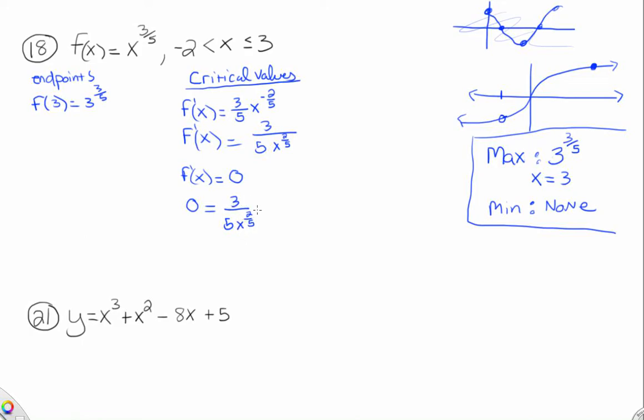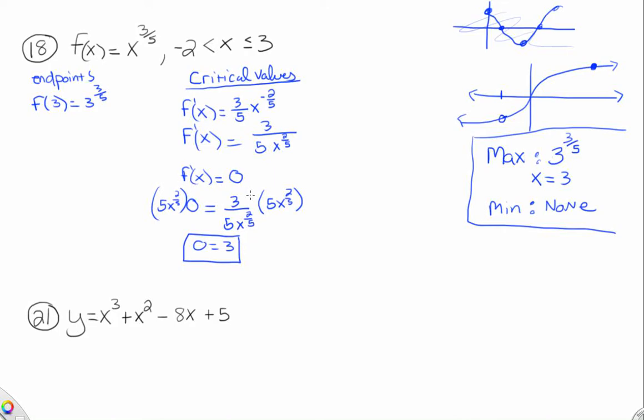Or you could just algebraically solve it, and when I multiply by the denominator to get rid of my fraction, I end up with 0 equals 3. So we asked the math a question. We said, when is the derivative equal to 0? And the math tried to answer it, but we ended up getting gibberish because, as we already know, there is no place where the derivative equals 0.